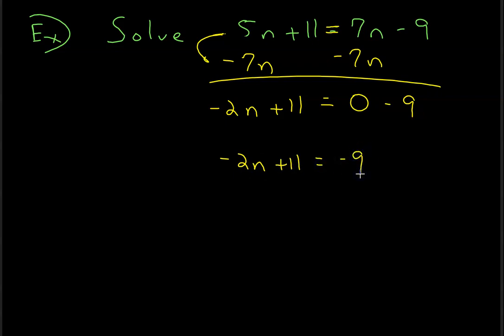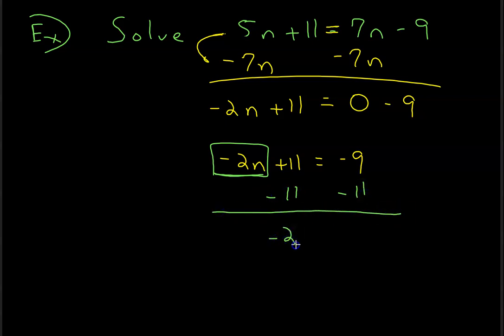Now, to finish isolating the n, I need to get this term alone. Right now there is a plus 11 next to it, so I have to subtract the 11. If I subtract the 11 from both sides, I wind up with negative 2n equals negative 20.